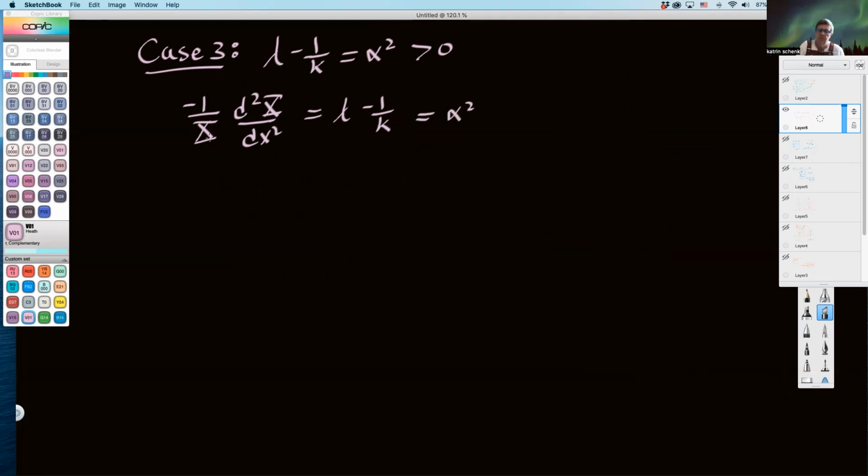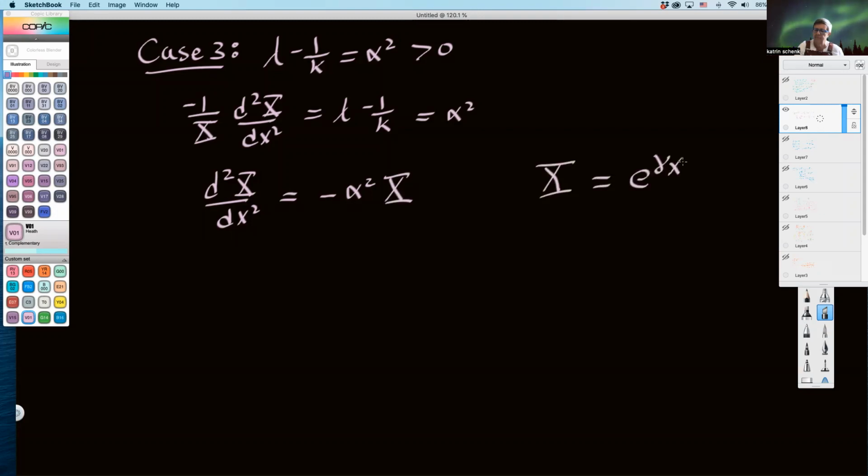I'm going to multiply through by X, and by the minus sign as well. So d squared X over dx squared is equal to minus alpha squared X. Again, I'm going to try a solution of X equals e to the gamma x.